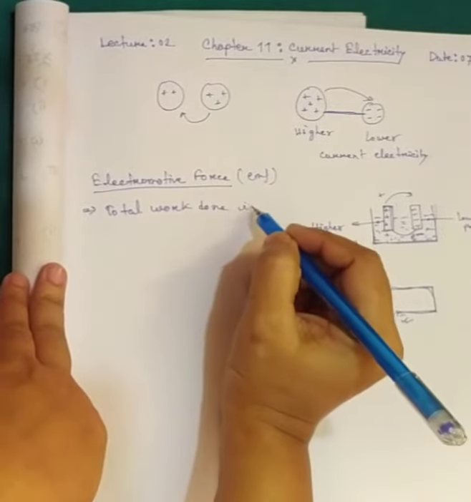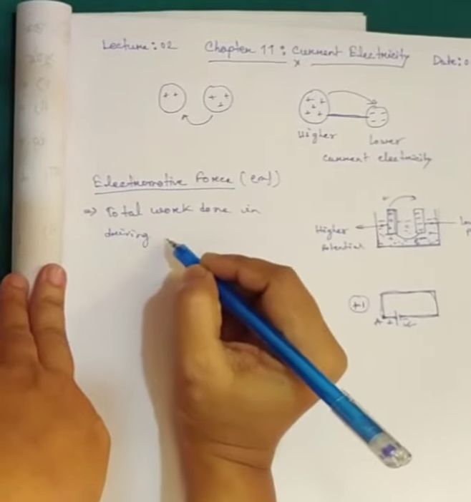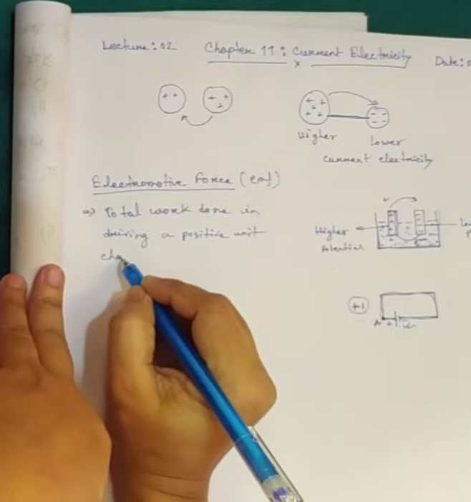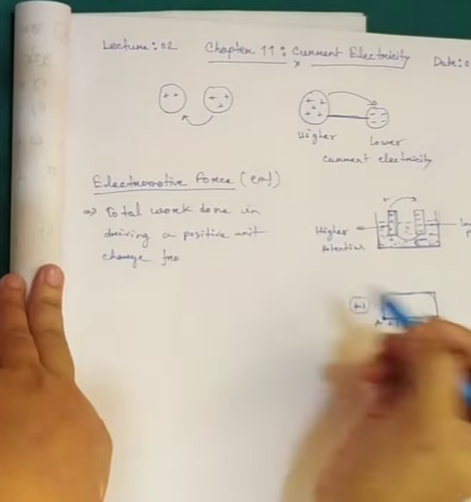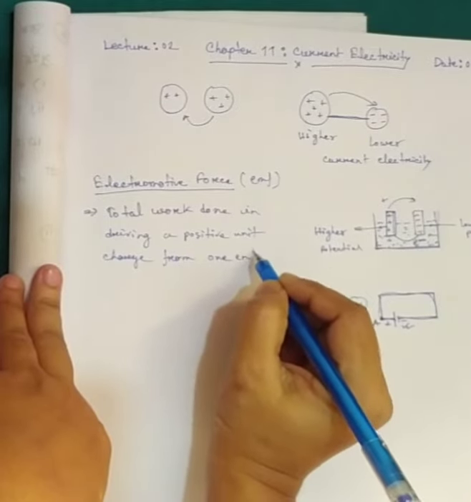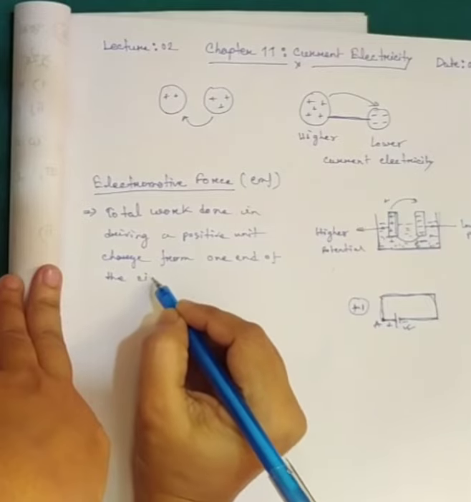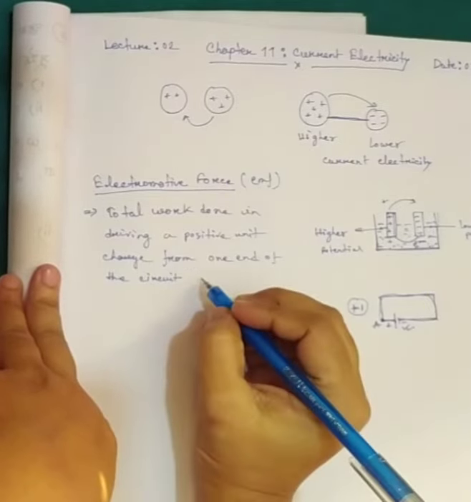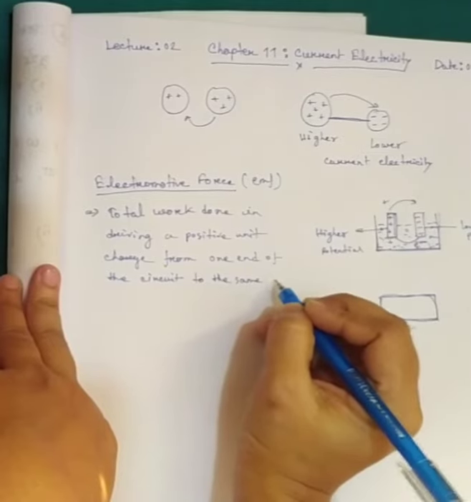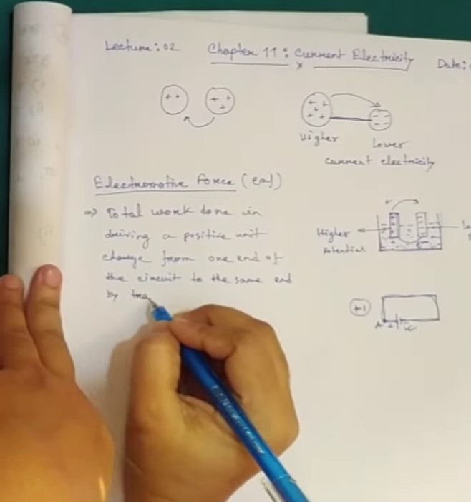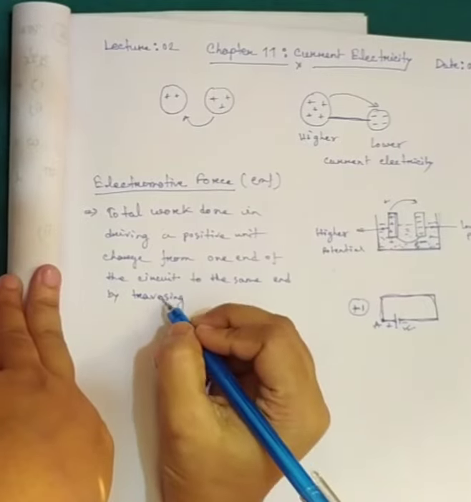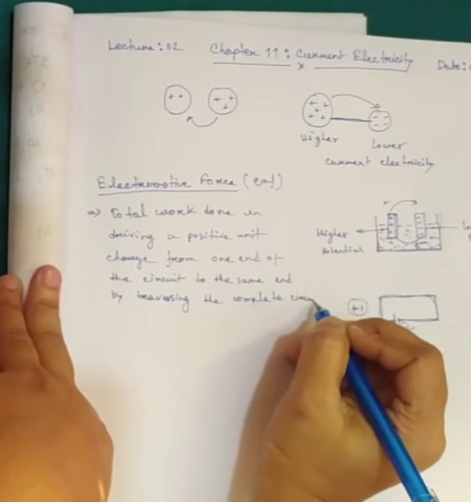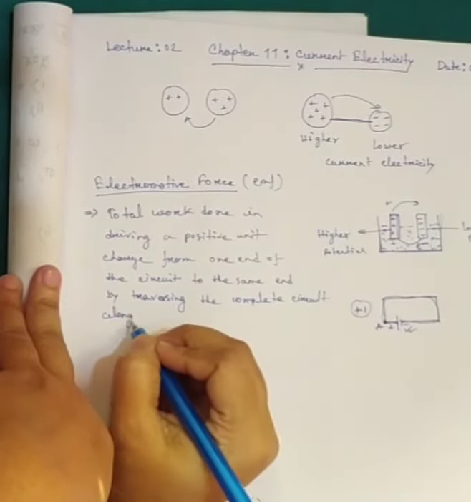Total work done in driving a positive unit charge from one end of the circuit to the same end, by traversing the complete circuit along with the battery.